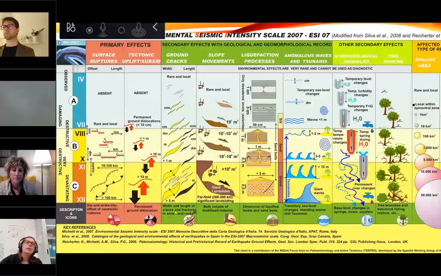So, what is the structure of the scale? Well, this infographic basically contains everything we need to know. In the vertical axis to the left, we can see the intensity degrees, from 1 to 12, moving from the top toward the bottom of the image, while on the horizontal axis at the top of the image, we can see the different types of earthquake environmental effects.